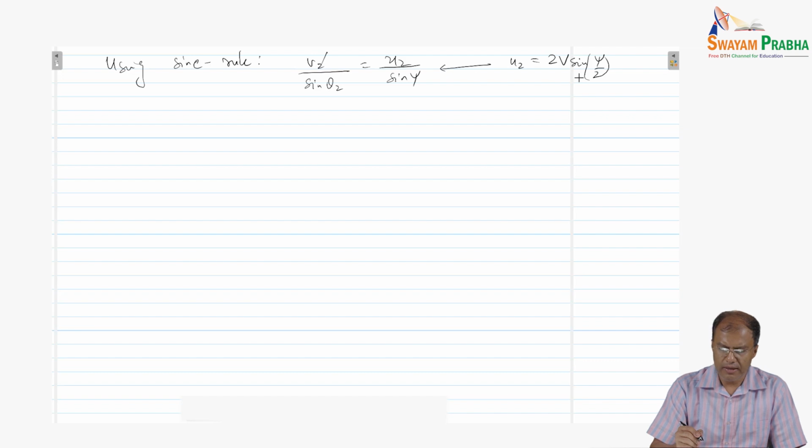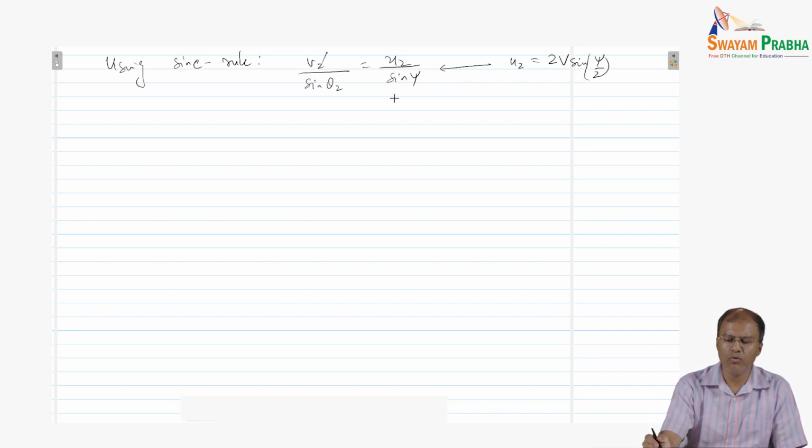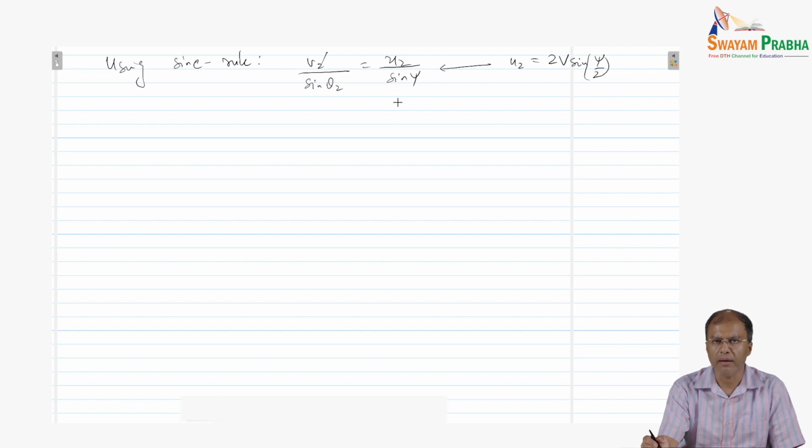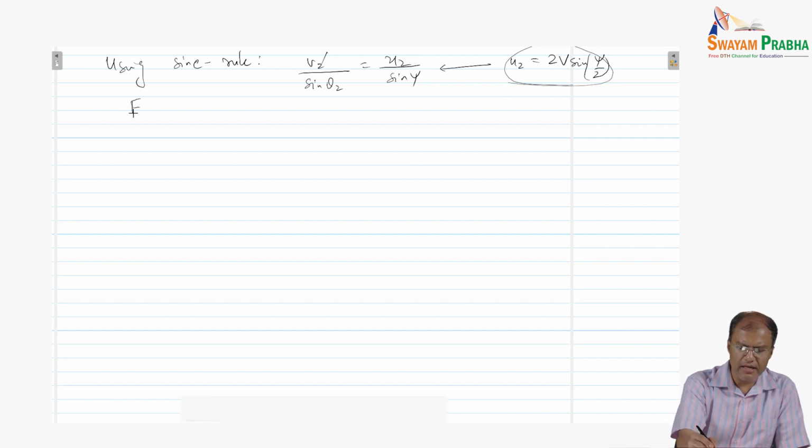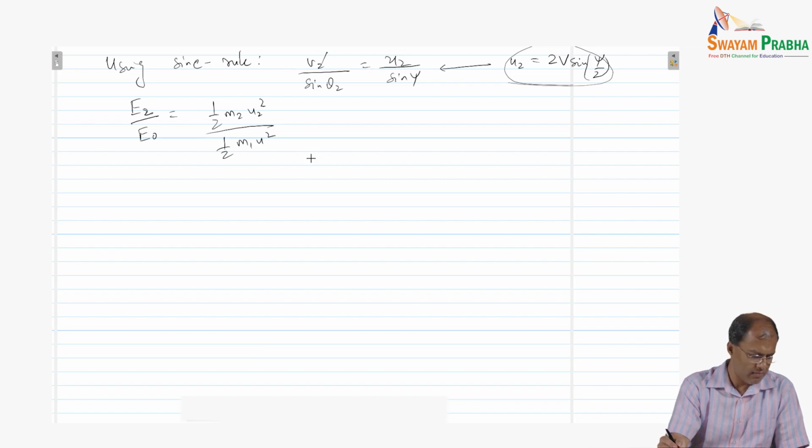Okay, so we have also used the formula for v2 prime and v1 prime in eventually finding out this relation which is circled. So then we can also find the energies, right? The total energy after collision for, let's say, particle 2 with respect to the initial energy E0 is going to be half m2 u2 square divided by the total energy half m1 u square, right?